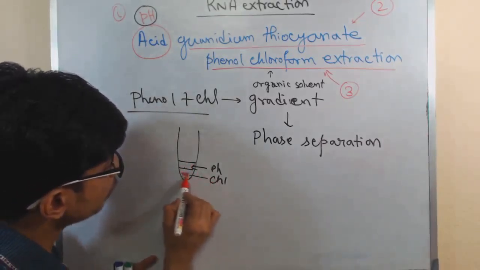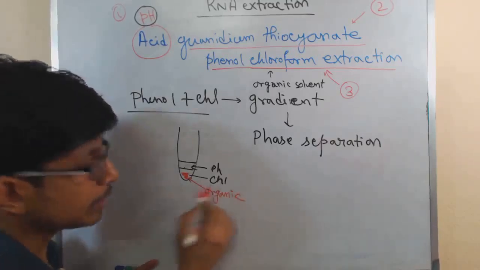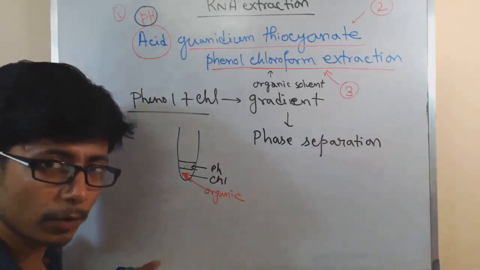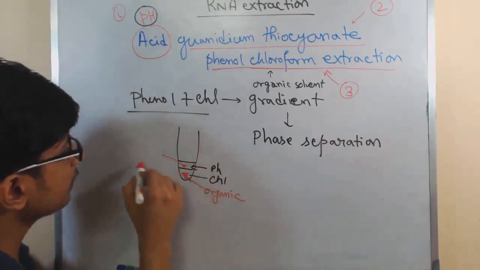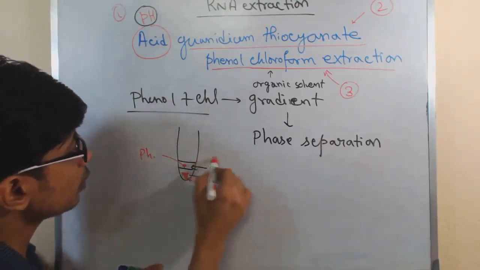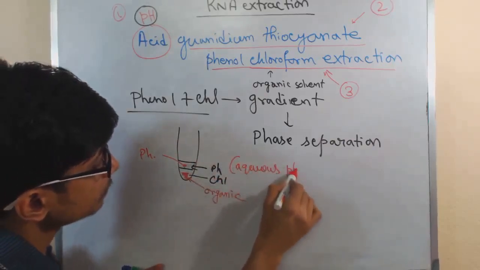So they will be found here in the chloroform section, the chloroform phase. But the others we will find in the phenol phase, which is called the aqueous phase.